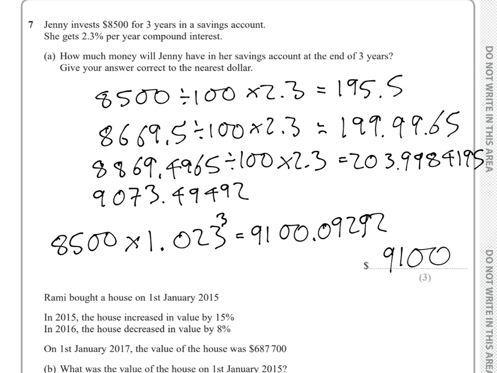Okay, let's just go back and check where I've made a mistake, because clearly I have. Oh dear, 8695.5 right at the beginning. 8695.5.